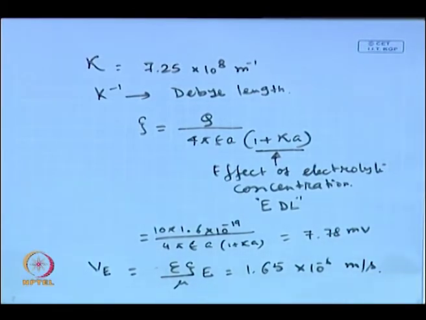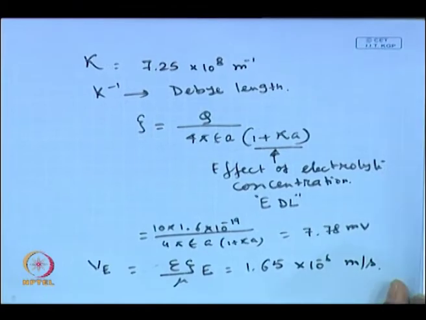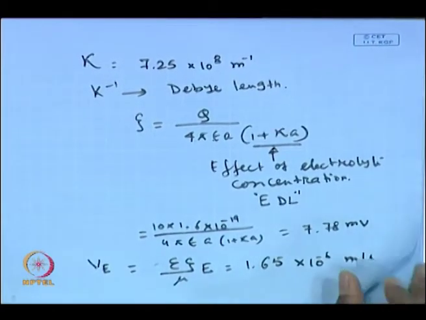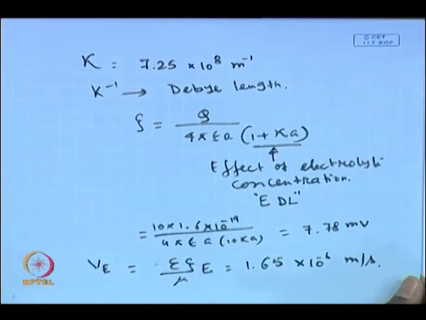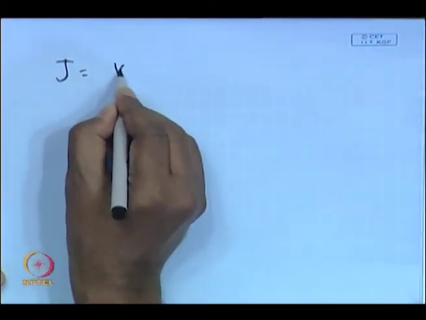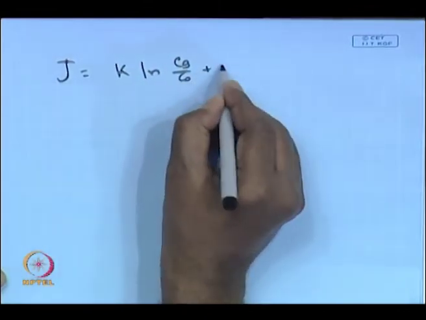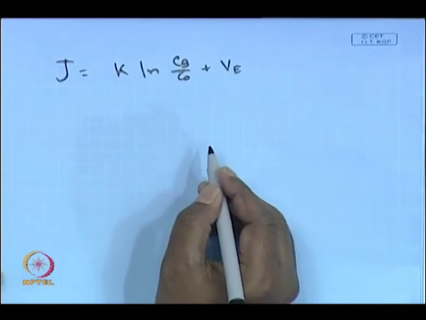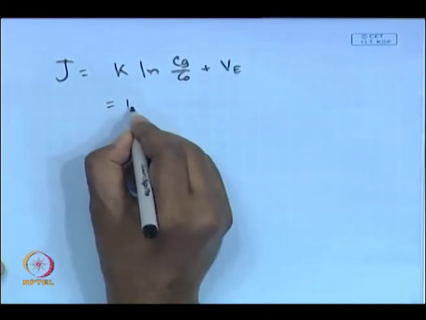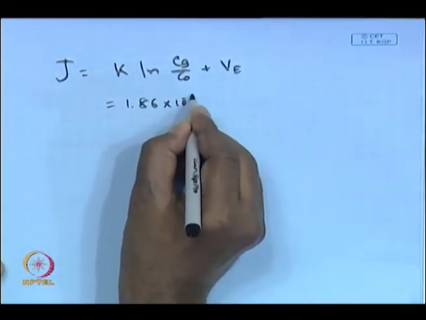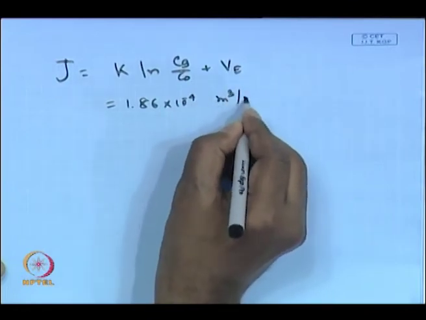Now you can add the two fluxes to get the estimate of the permeate flux. In this case, it will be J equals k ln Cg by C naught plus VE, and it turns out to be 1.86 into 10 to the power minus 4 meter cube per meter square second.